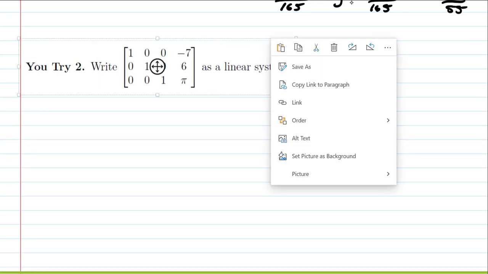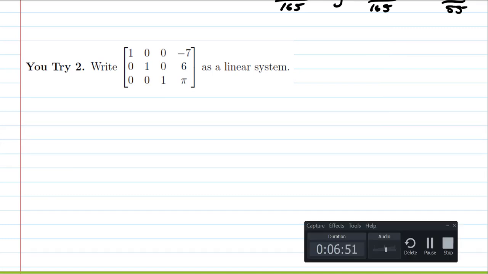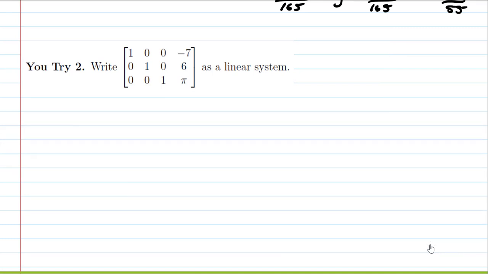All right. So if we look at our first row, what equation is that going to be? Well, we have our x column, our y column, our z column, and our constants.